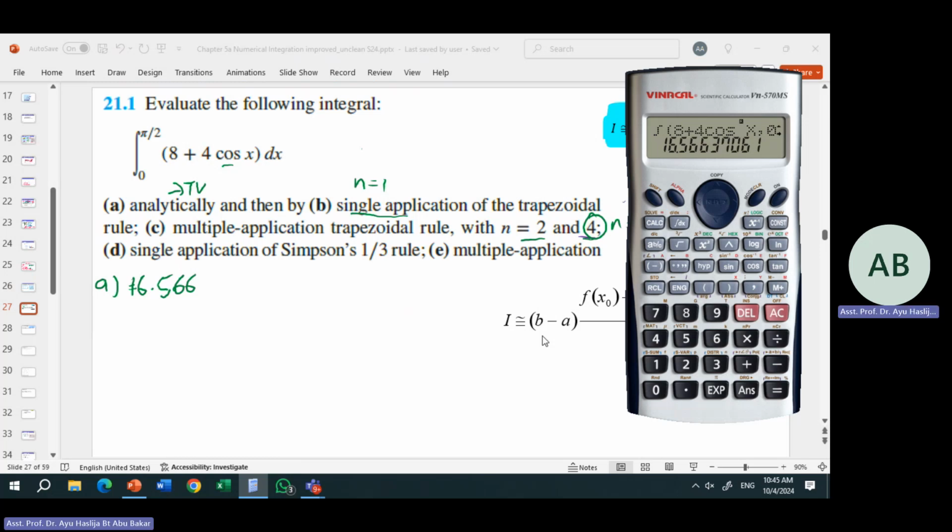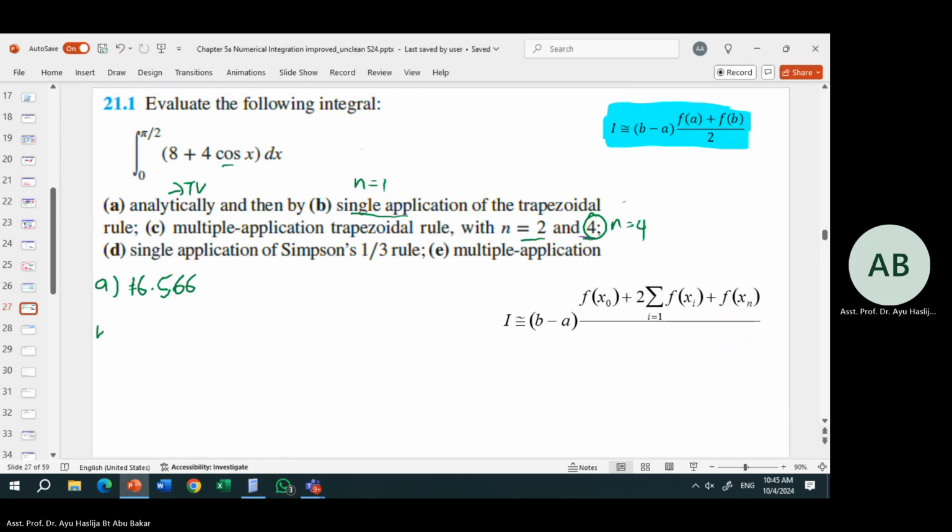Okay, proceed with the single application. Single application of trapezoidal. So this is the equation for single. What is your A? 0. B? Correct.